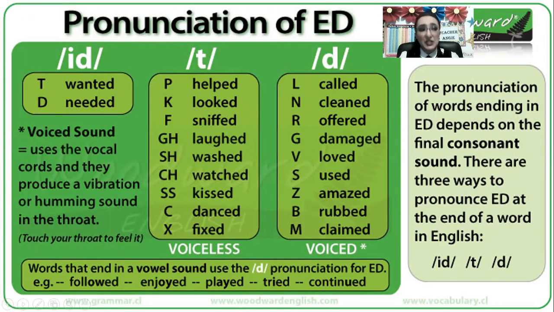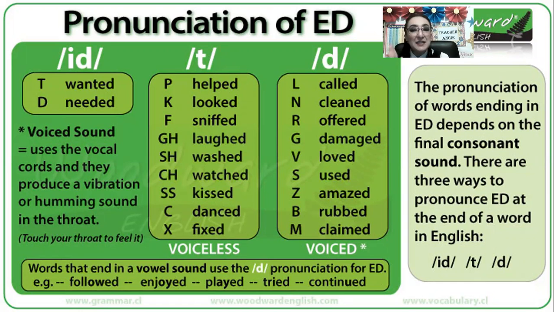We were saying that the pronunciation of the regular verbs in past, or the pronunciation of the words or verbs ending in ed, is going to depend on the final consonant sound.